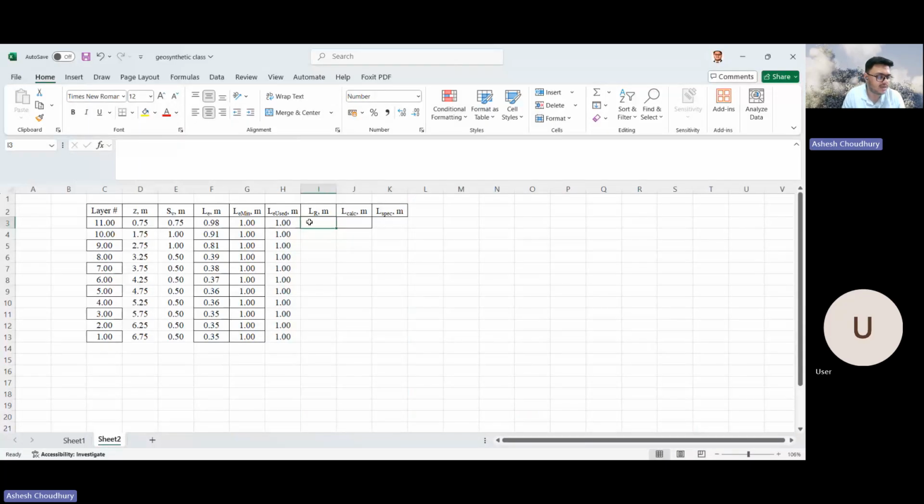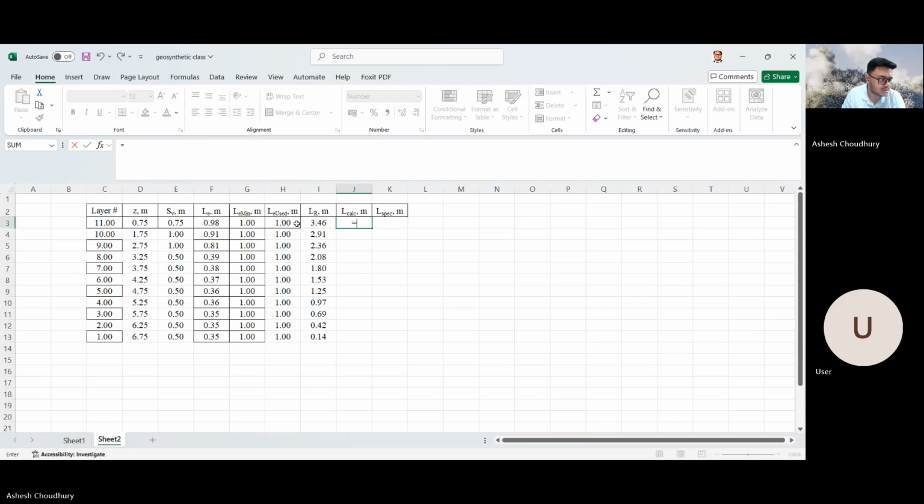Okay. Now next we have LR. So LR is what? 3.88 minus 0.5 times our calculated value plus this.